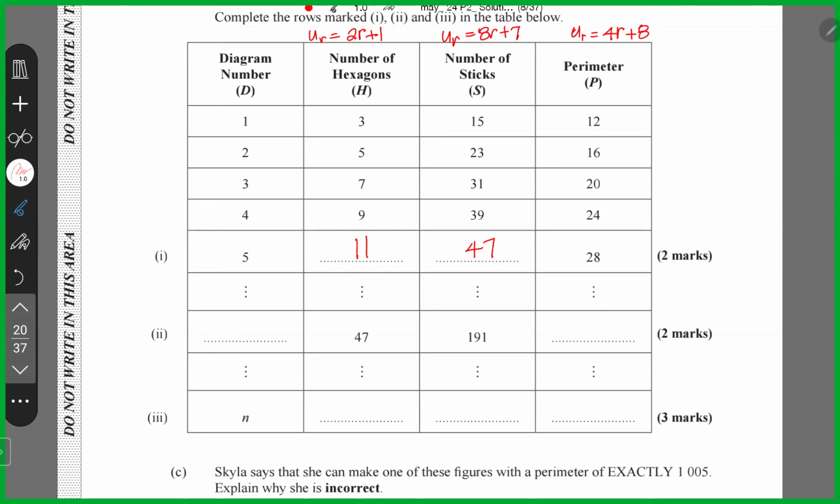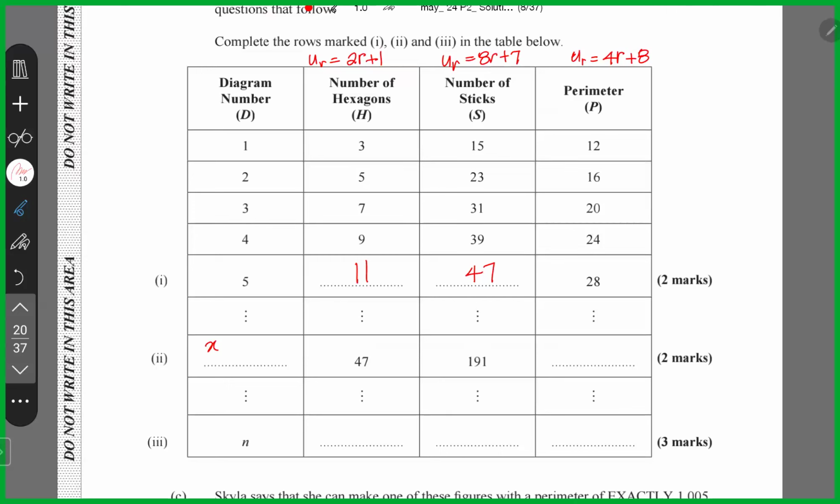Here, to determine, let's call this value over here X. To determine what X is, I'm going to use the fact that this value here would be 2 times the diagram number, which is X, plus 1, would be equal to 47.